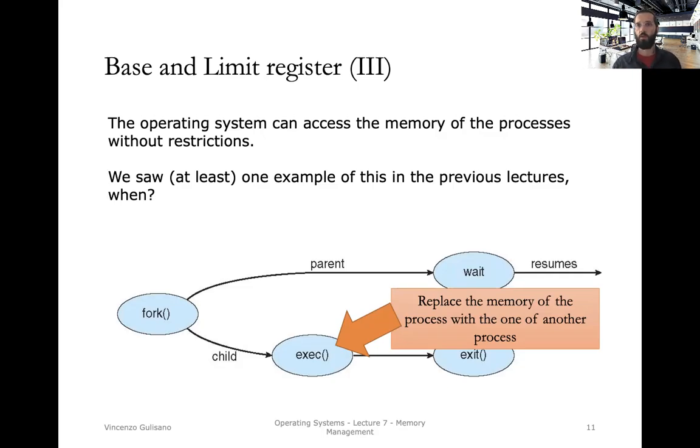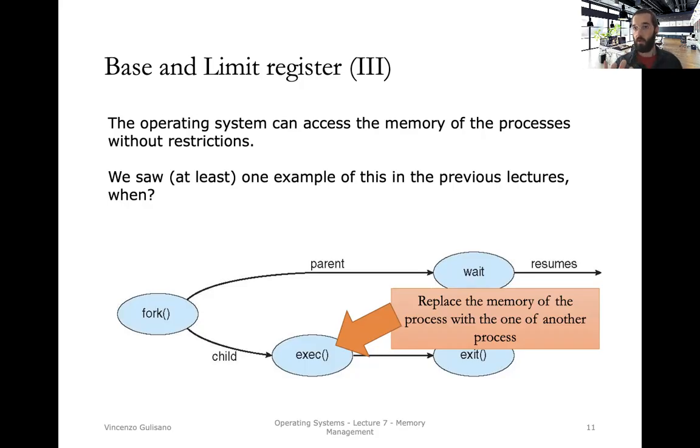In this example in which we had the fork and we were creating a new process and then calling exec to replace the memory, you can see that when you replace the memory of the process with information that belongs to another program, the amount of memory that the new program will need is not necessarily the same, which means that you might need to change the base or the limit register, depending on where you place the new information.